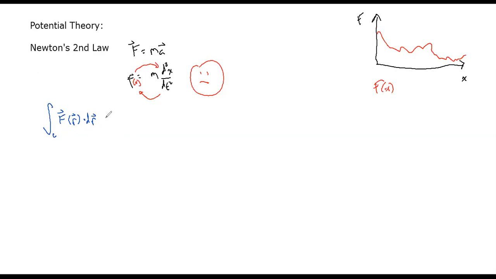So F dot dr. And I'll integrate both sides of this equation and see what happens. m a dot dr. And then what I can realize is that over some little contour, and let's pretend we're not doing rocketry problems, so the mass is fixed, this is dv dt.